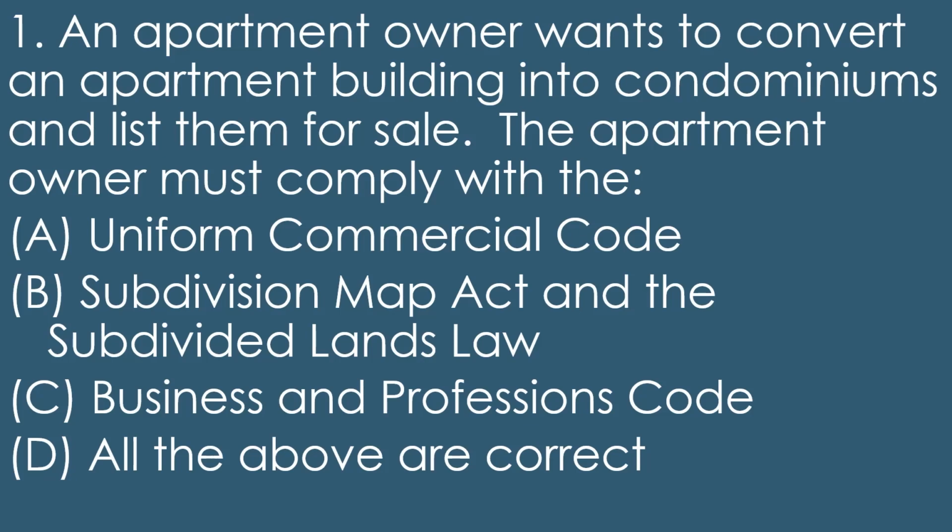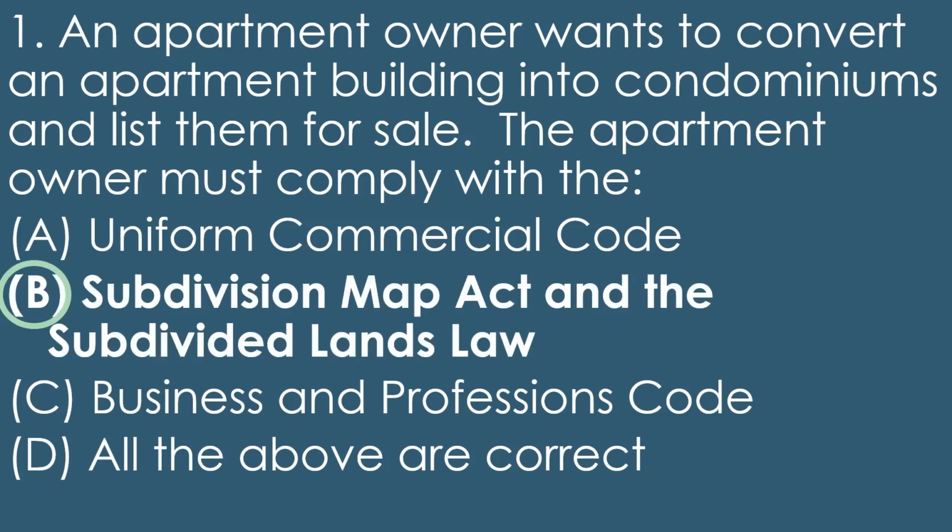But if it's 5 or more, the Subdivided Lands Law also applies, and the Department of Real Estate gets involved because the commissioner will issue a public report. So the best answer, knowing all of this, will be B, Subdivision Map Act and the Subdivided Lands Law. That is the best answer.